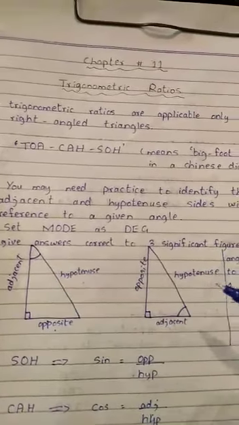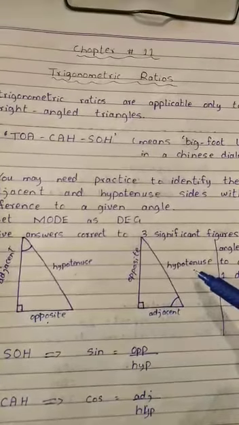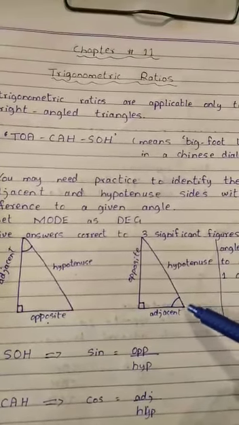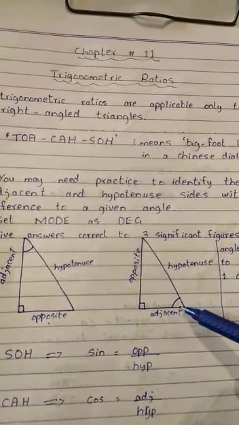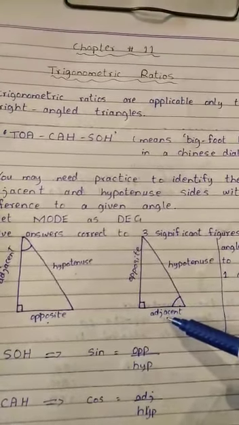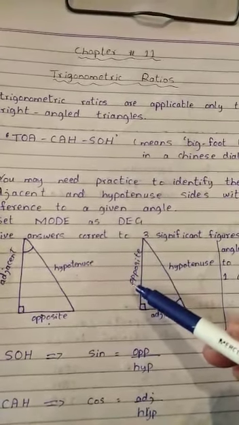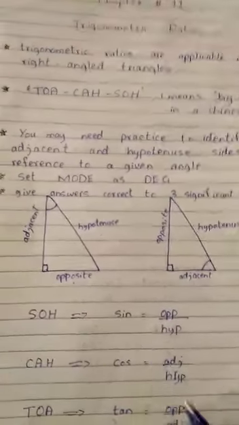Then in the other case, again this is a right angle, so obviously this is the hypotenuse. Now suppose the angle is here, so this side is called the adjacent side and the side which is opposite is called the opposite side.